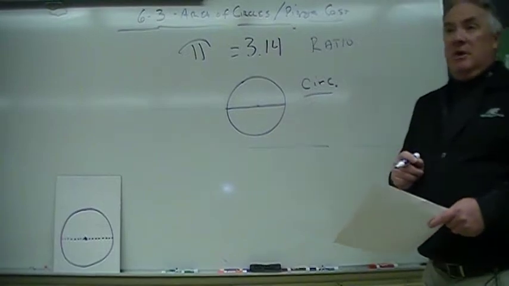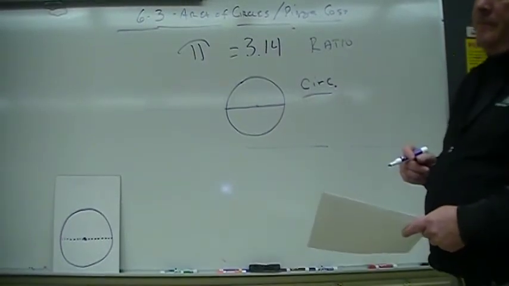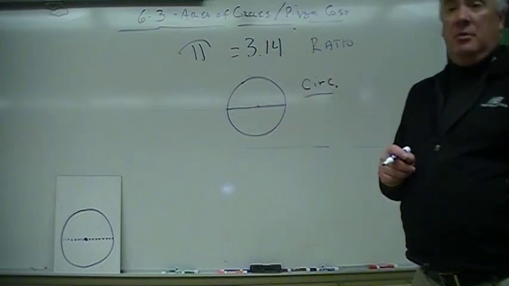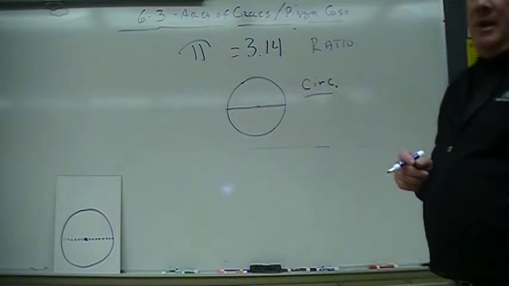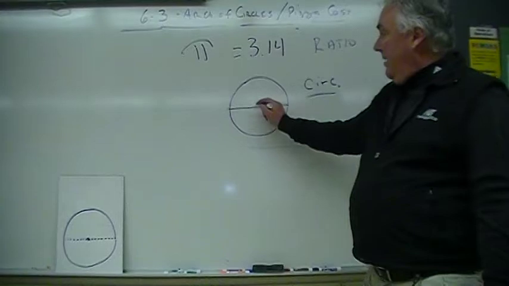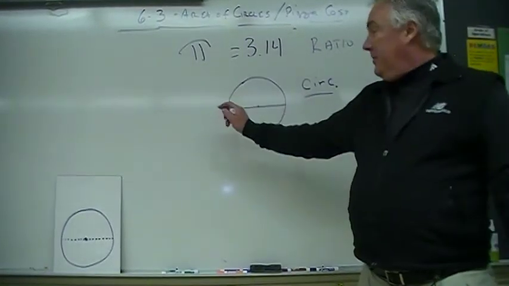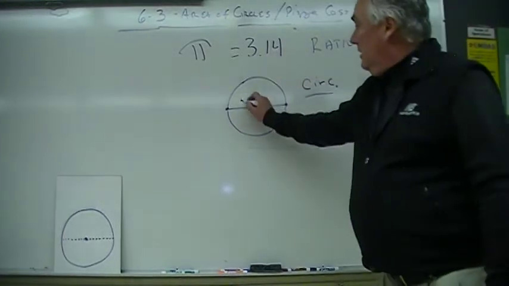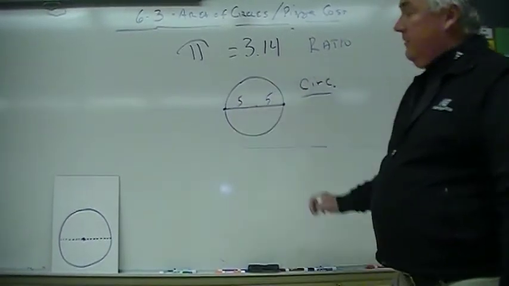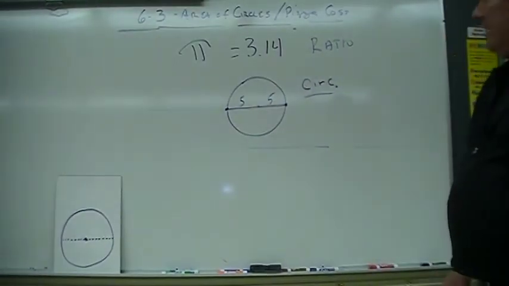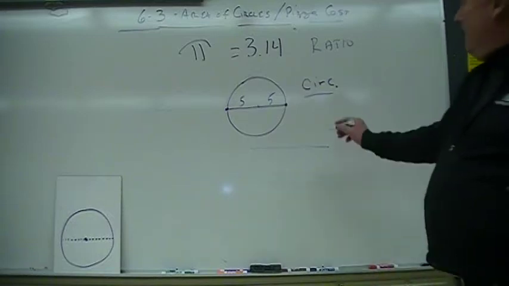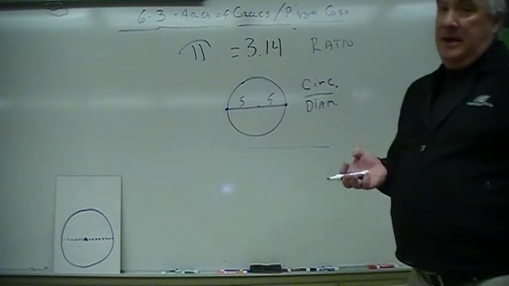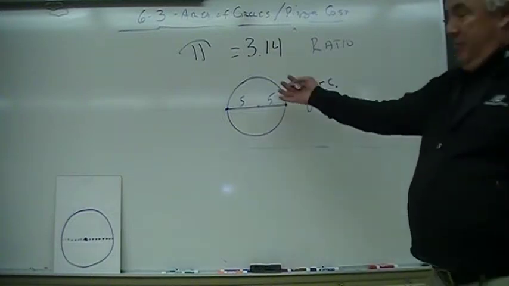And we're going to eventually talk about pizza. If you go to a pizza place and buy a 10-inch pizza, that means the diameter of the pizza from here to here is 10 inches. 5 for the radius. Each radius is 5 to make up the diameter. So back to pi, get it, pizza pie and pi.